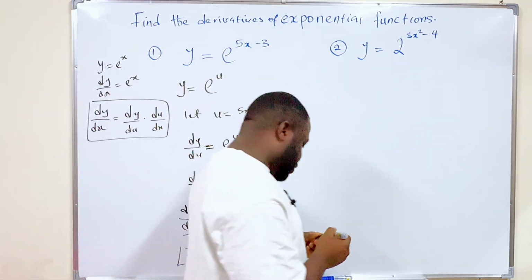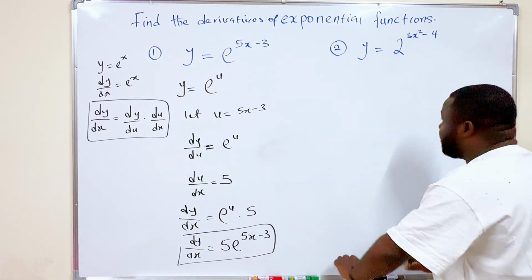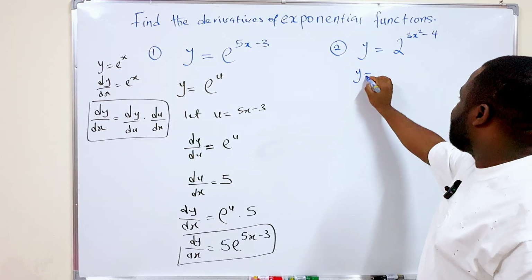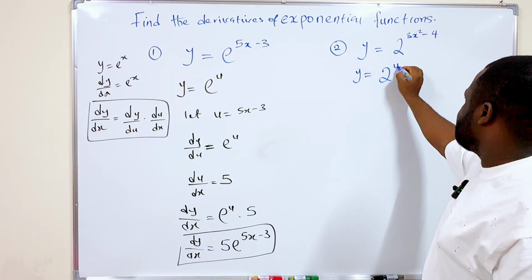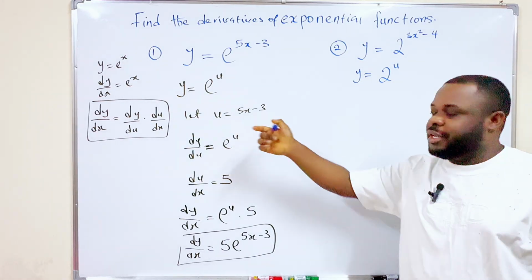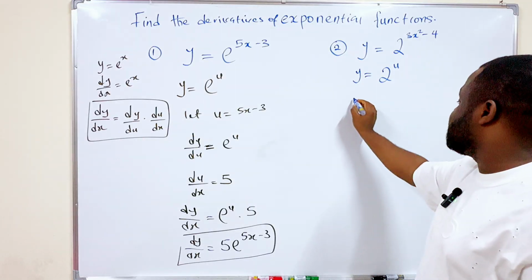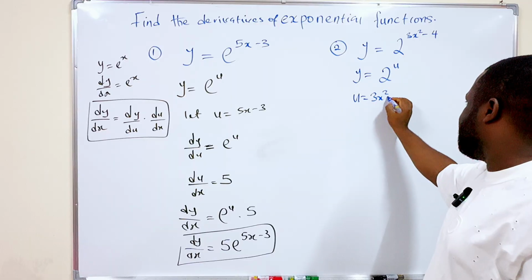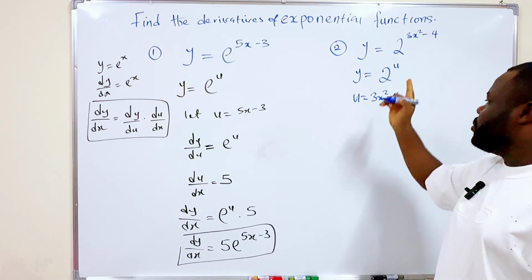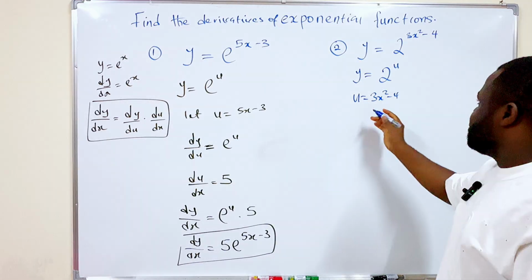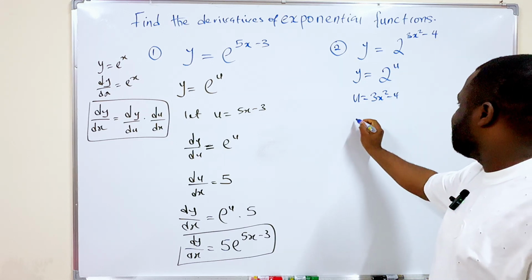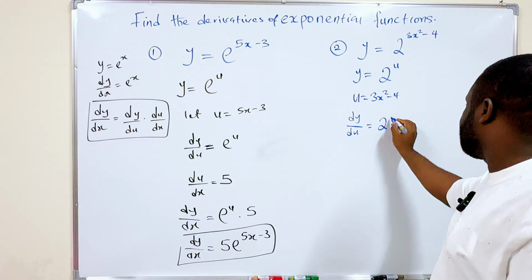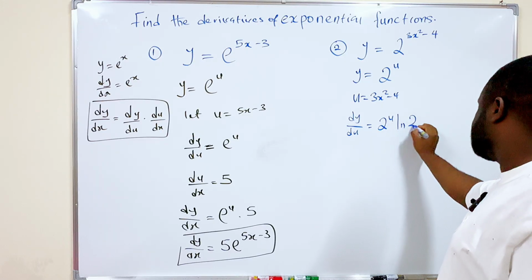So let's talk about the second question. I'll use this. So here you have y equals 2 power u, okay? Just like the same way we did it here. However, we now say u equals 3x squared minus 4. So let's find their derivatives. So the derivative of y with respect to u will now be 2 power u ln 2.